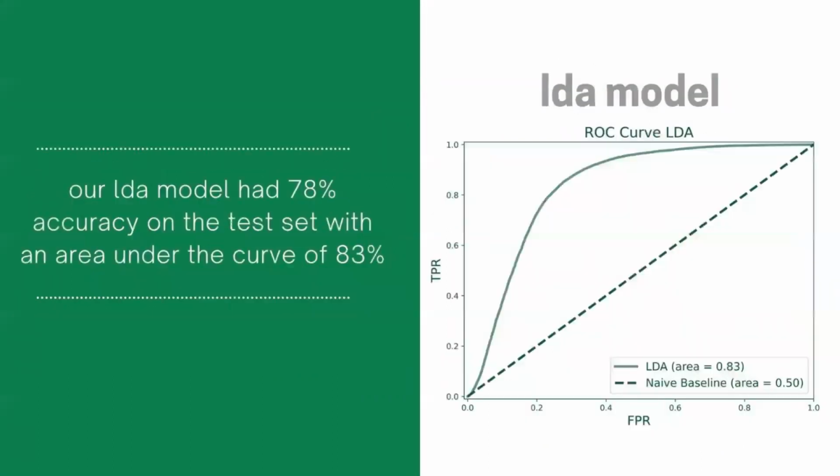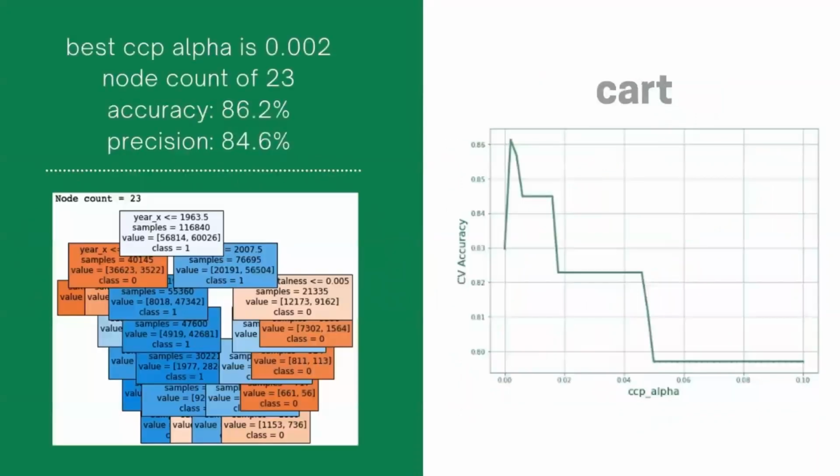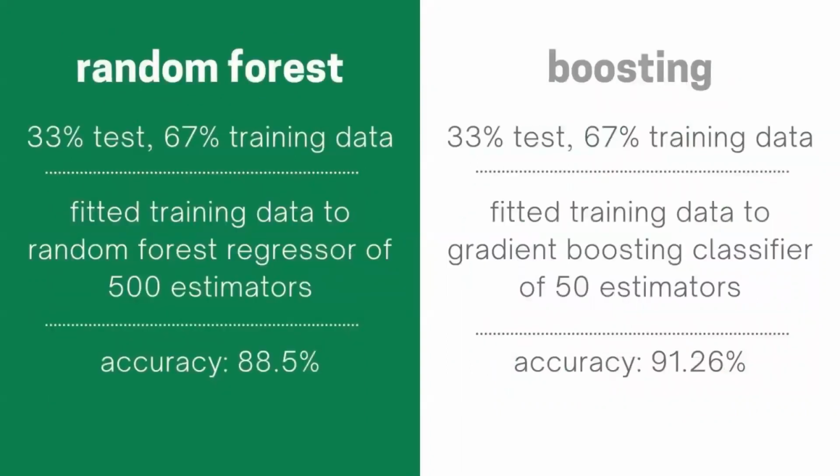For the LDA model, we had 78% accuracy on the test set with an area under the curve of 83%. For our CART model, the best CCP alpha is 0.002, with a node count of 23, an accuracy of 86% and a precision of 84%.